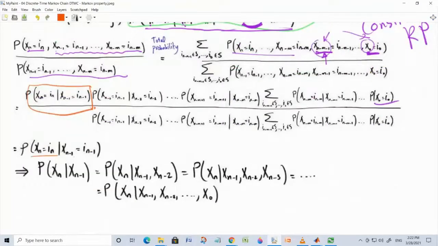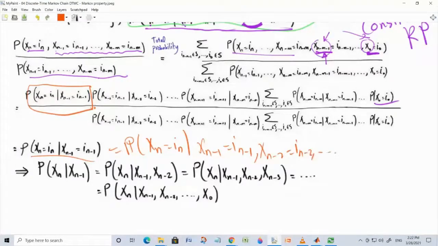And so this one is equal to the probability of x of n equals i n, given x of n minus 1 equals i n minus 1, x of n minus 2 equals i n minus 2, and so on. The idea is that you stop at x of n minus m equals i n minus m. It doesn't matter: if you do not go all the way to x of 0, you can just stop at x of n minus 1.